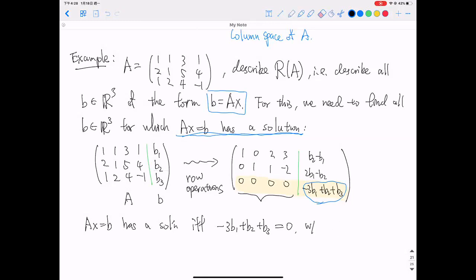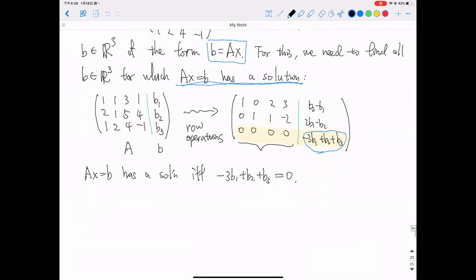Now we can proceed to describe the range of A. The range of A is then all the vectors b, with components b1, b2, b3, such that minus 3 b1 plus b2 plus b3 is equal to 0.